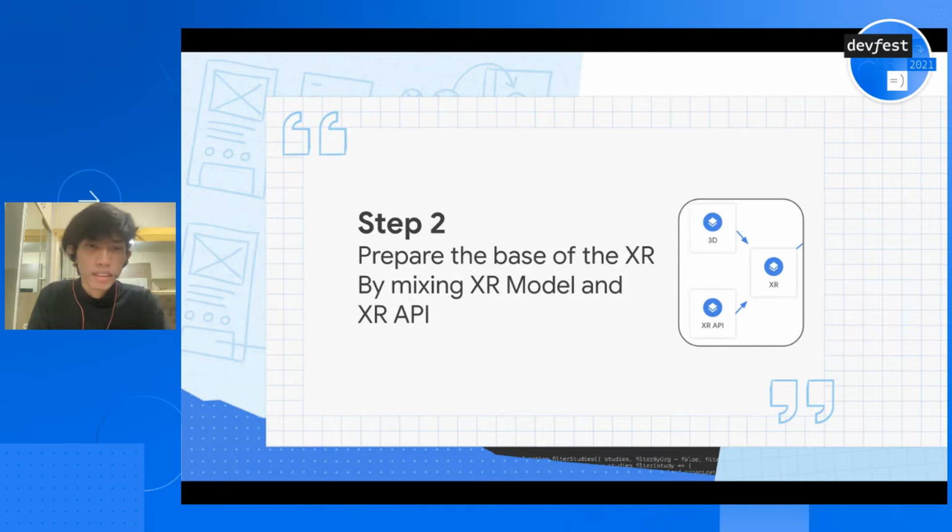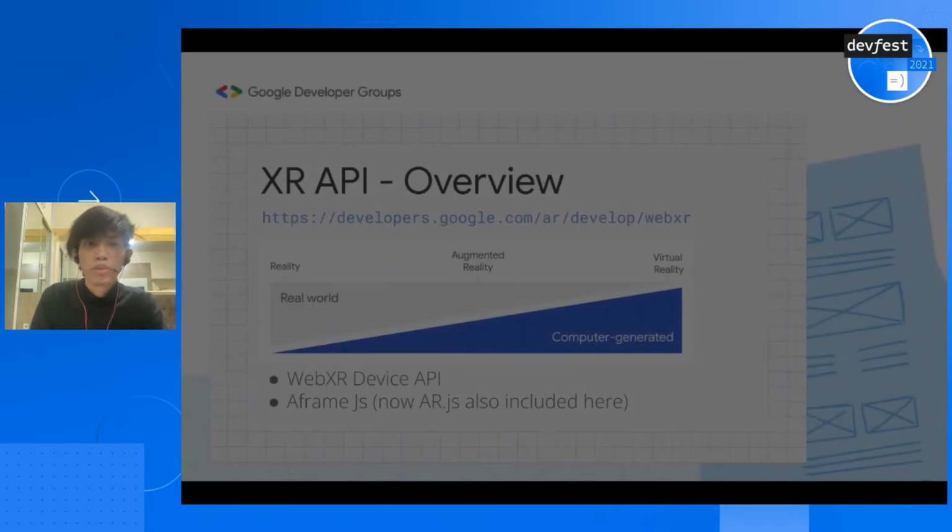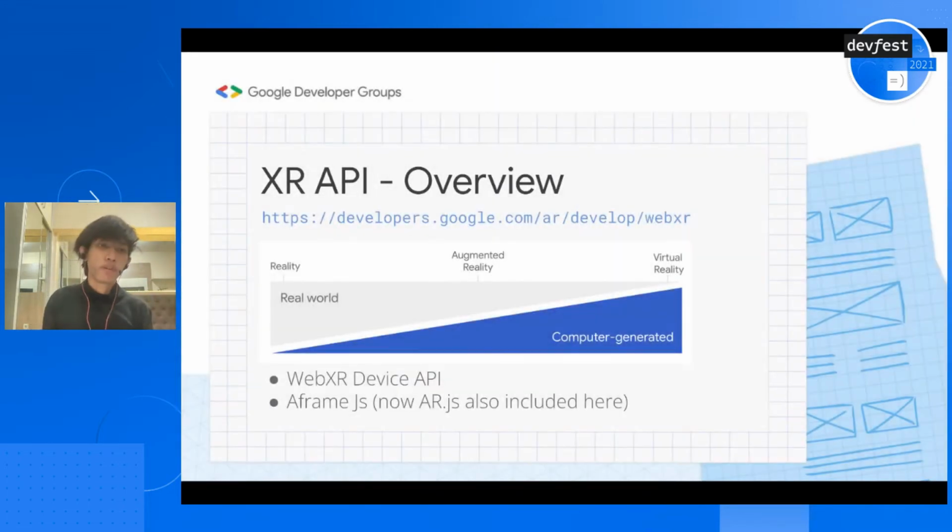So what is this XR? As you can see here, like I said before, XR stands for extended reality, which is a combination of virtual reality and augmented reality. This XR will blend the computer-generated and the real world into one.